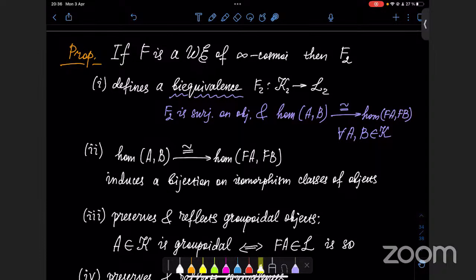If F is a weak equivalence of infinity cosmoi, then the induced homotopy functor F2 defines a biequivalence. Being a biequivalence means that F2 is surjective on objects, and you have the following local isomorphism property.